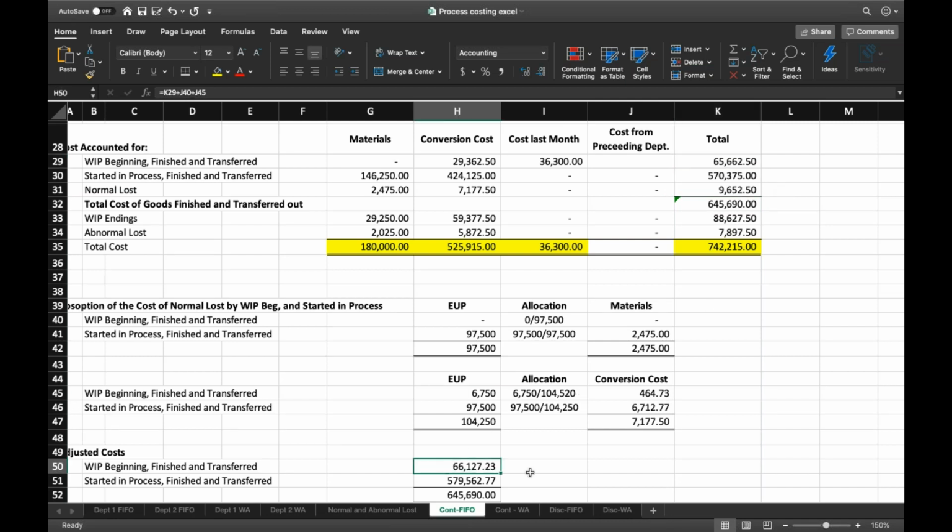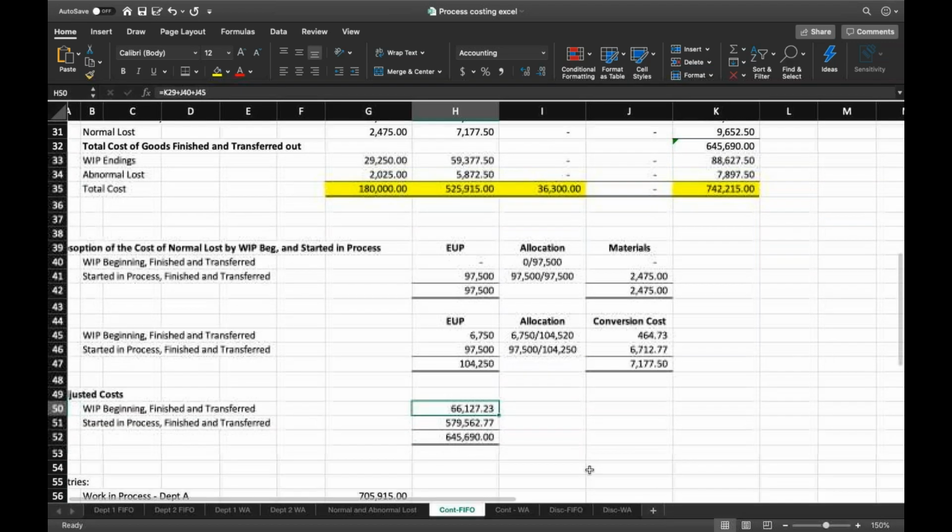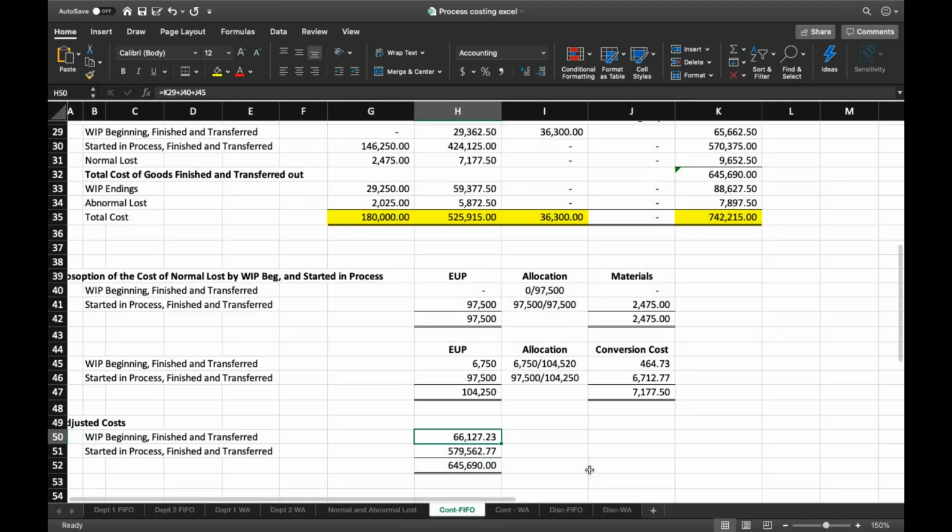Magiging 66,127.23. Paano yun? How did we get 66? 65,662 plus 0 sa materials plus 464.73 equals 66,127.23.